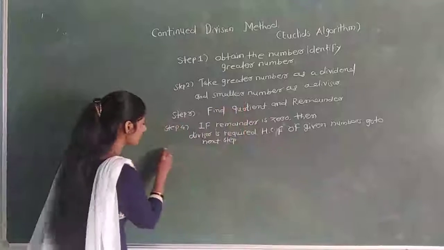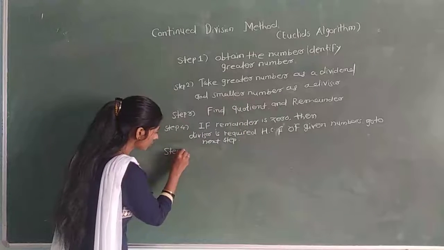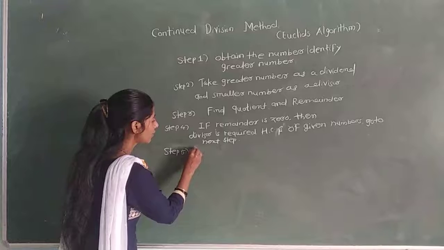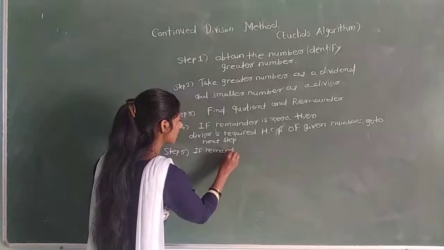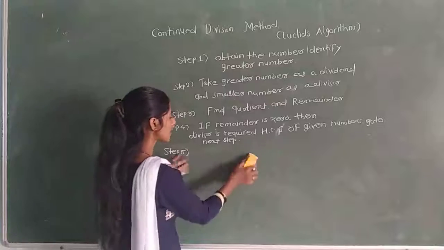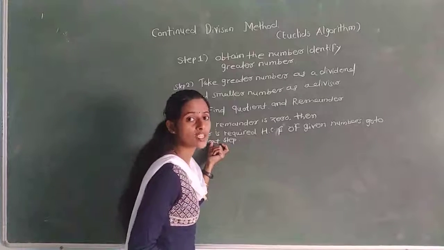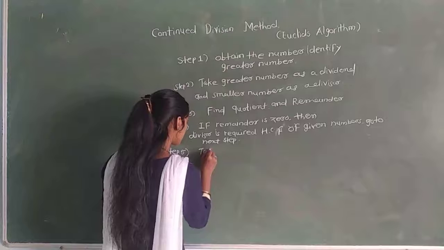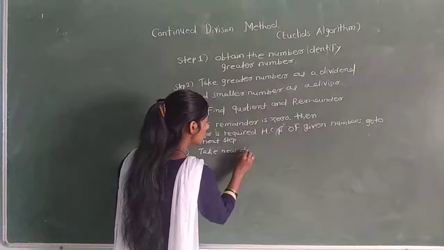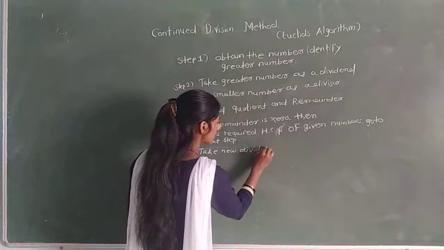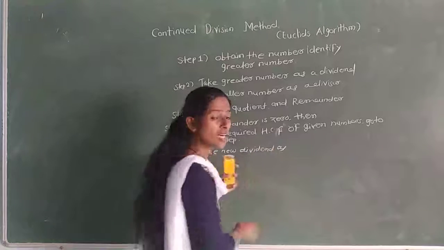So step number 5: go to the next step means the remainders are not 0. So take the new dividend as a divisor.